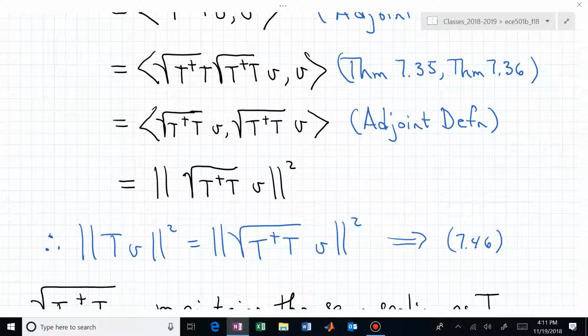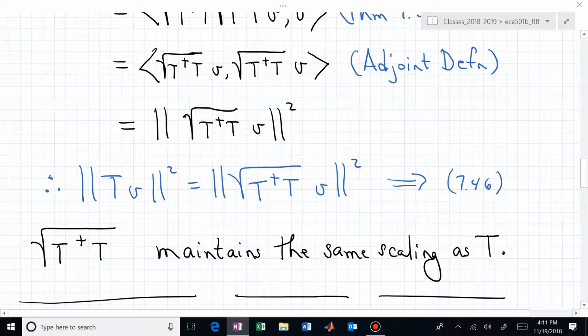Here are the norms squared, but we can take the square root of both sides and we get equation 46: that TV's norm is the same as the norm of the square root of T dagger T, V. And that's the conclusion that we can reach from that set of steps in part of the proof.